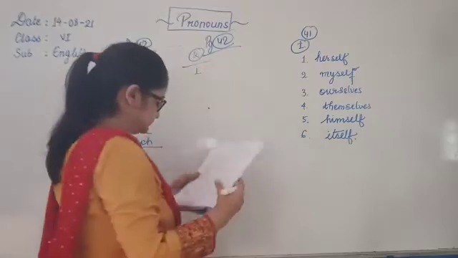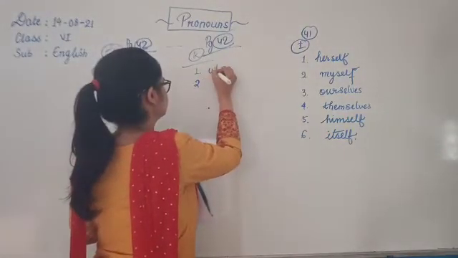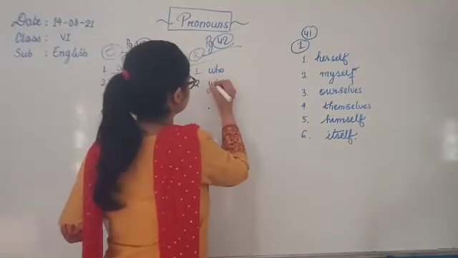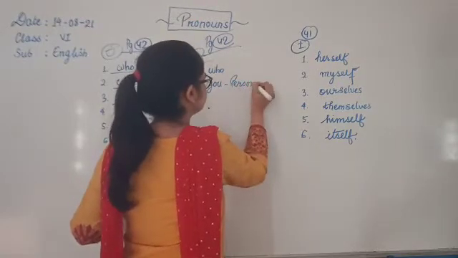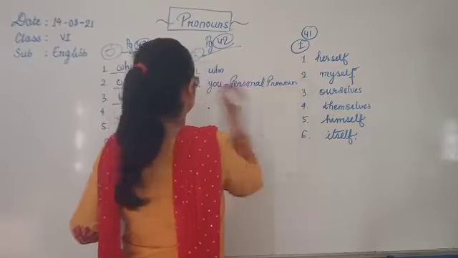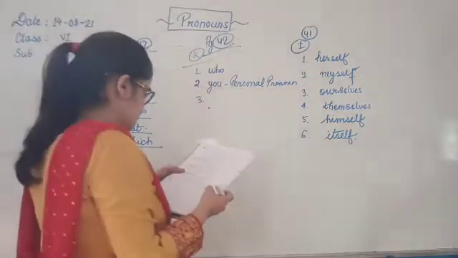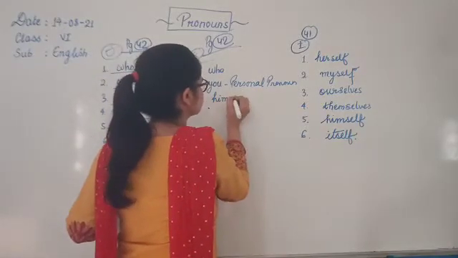Number 1, who? It was interrogative. Number 2, you. You is my what? Personal pronoun. Number 3, John hit himself. Himself, I told you, is reflexive.